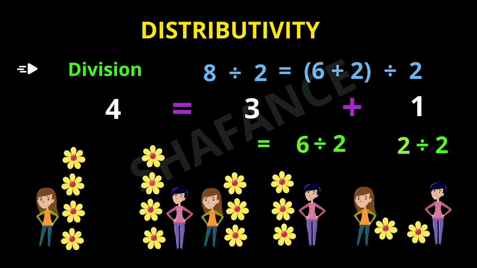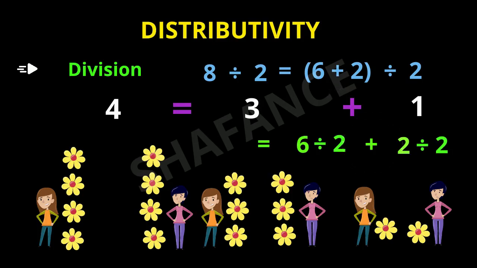And when we divided 2 flowers among the 2 girls, that is 2 divided by 2 in the green, is getting represented by, when we open the bracket, the 2 inside the bracket, which is written in blue, getting divided by 2. And the plus sign between 6 and 2 inside the bracket is represented by the plus in the green, the plus which we used while we split the 8 flowers into 2 parts.